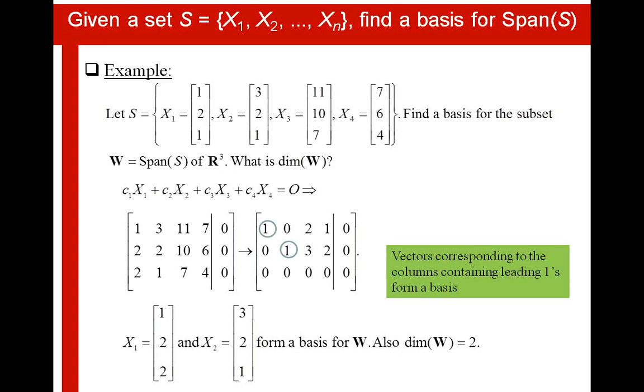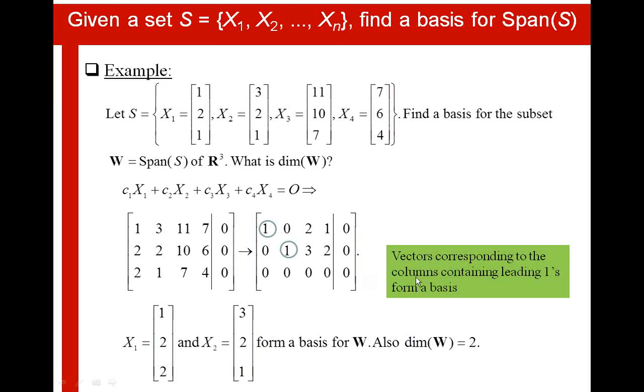Otherwise, they are independent. Anyways, so we place these into an augmented matrix and apply the row reduction technique. The vectors with the pivots of 1 are the basis. Here clearly the first vector and the second vector were transformed into pivots, and the rest are not.